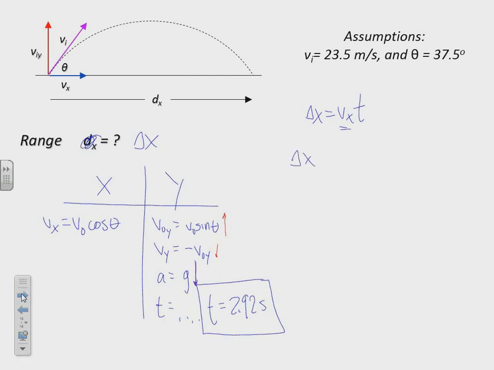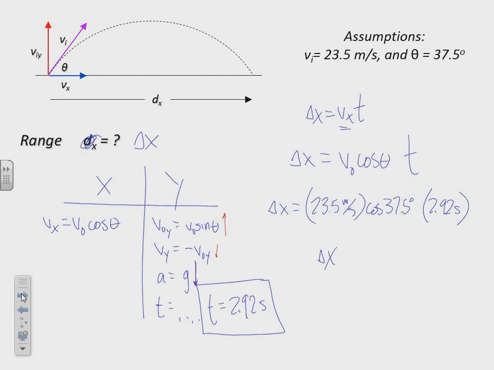Then our delta x is going to be v naught cosine theta times t. 23.5 cosine 37.5 times 2.92 seconds. How far does this thing go? 23.5 cosine 37.5 times 2.92 equals 54. Okay?